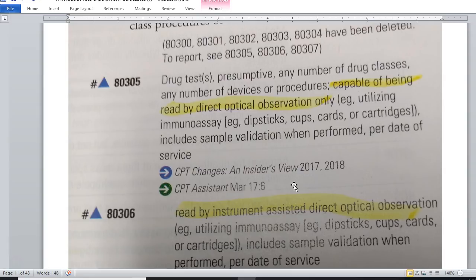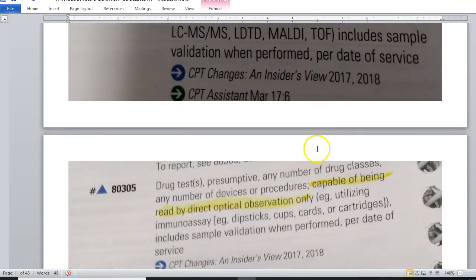But again, this can be done for a variety of purposes, and the reason why these codes were added, as you can see here in 2017, is because these cups and cartridges are becoming more and more readily used, and they're easier to use than running normal blood tests. But if we have to run a, quote, normal blood test for a drug, that comes down here, okay?